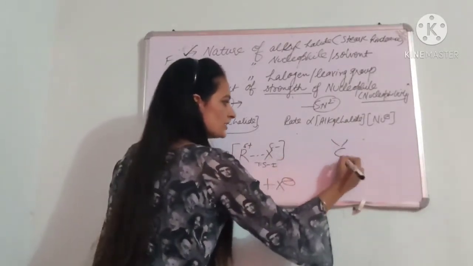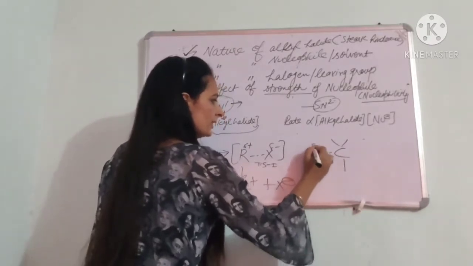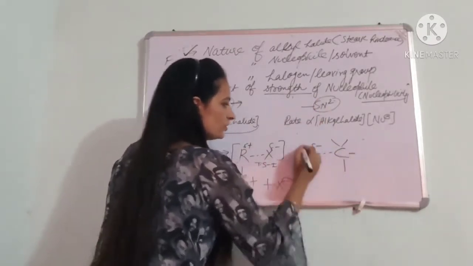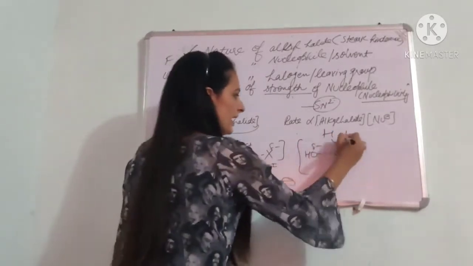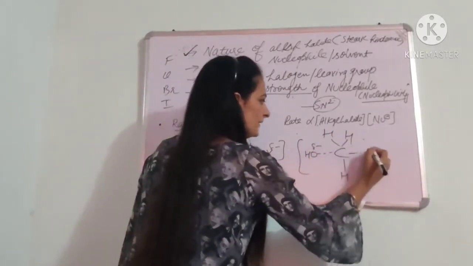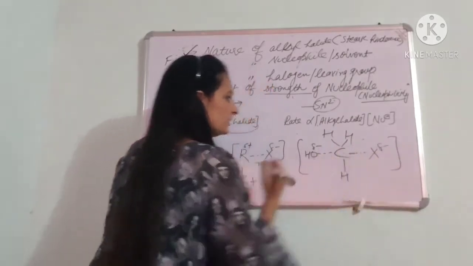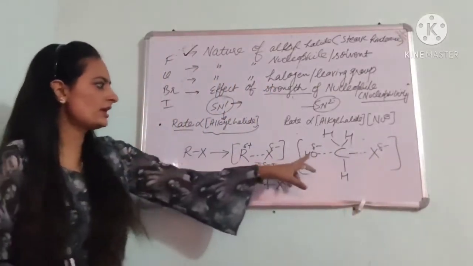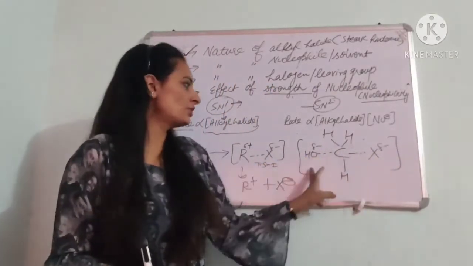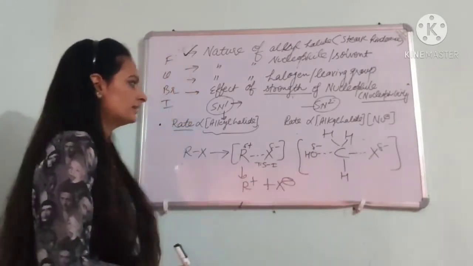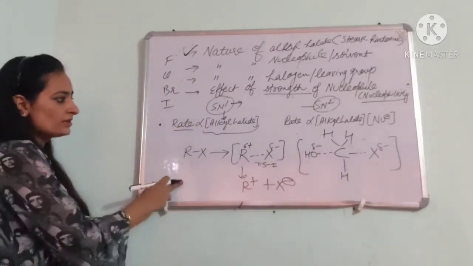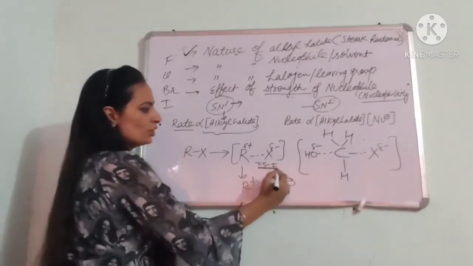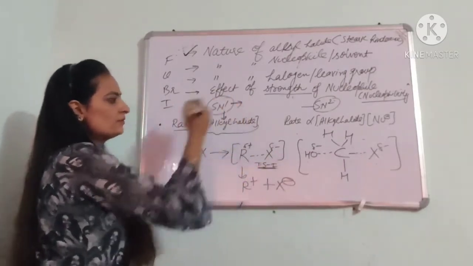And this was the transition state for your SN2 reaction, in which the nucleophile is attaching to the carbon and your leaving group is leaving the alkyl halide. So in this case we have partial negative charge on both groups, OH and X. As you can see, the transition state is more polar in case of the SN1 reaction.